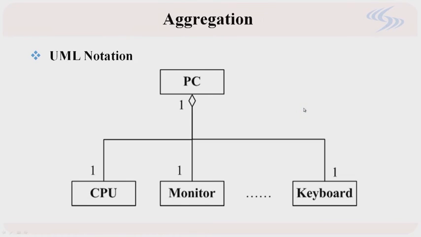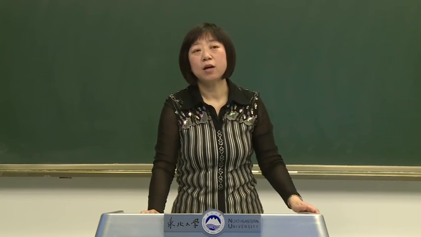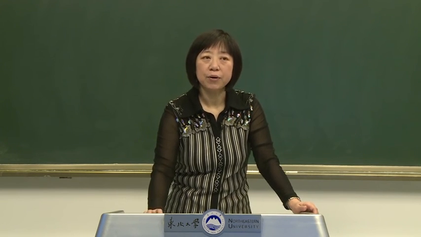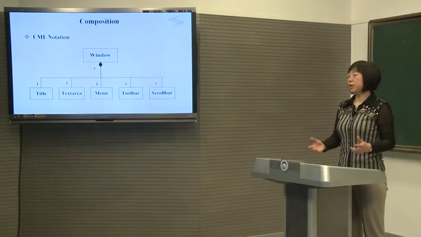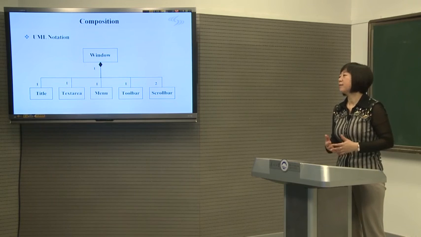So actually from these two examples, we get a good understanding of aggregation. And never forget, there is a kind of special aggregation, composition. So maybe after class, you students can find more examples for aggregation and composition.